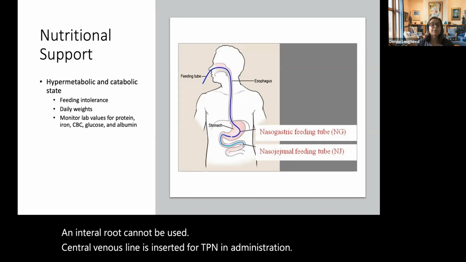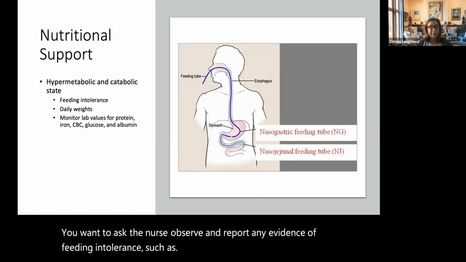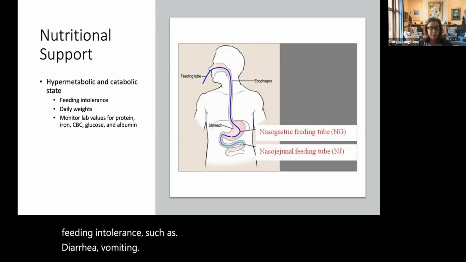You want to, as the nurse, observe and report any evidence of feeding intolerance, such as diarrhea, vomiting, excessive gastric residual, abdominal distension, absent bowel sounds, and constipation.